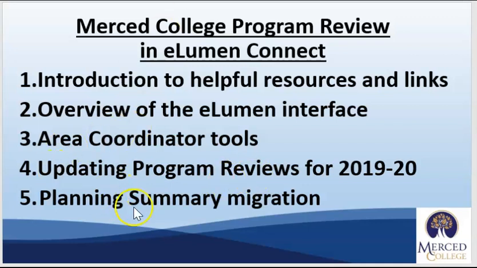In the fourth video, we looked at some of the program review sections that we're updating for this year's cycle. And in this video, we looked at migrating our planning summary with our action plans and also our resource allocation into the budget tool for eLumen.